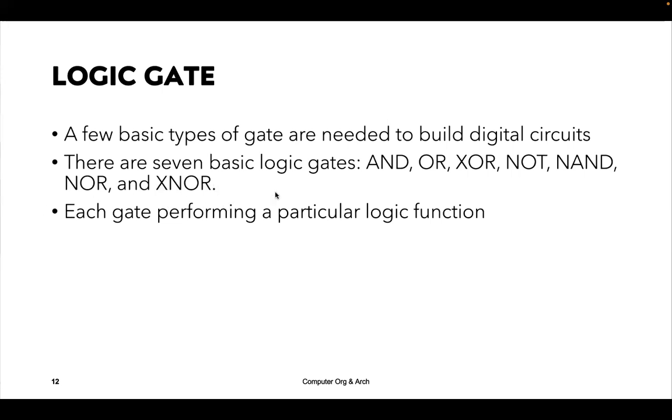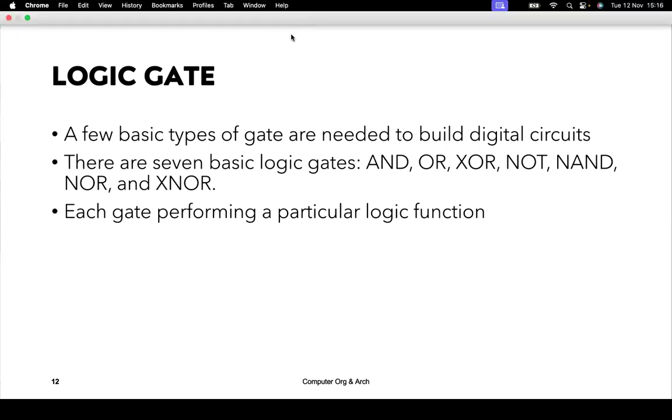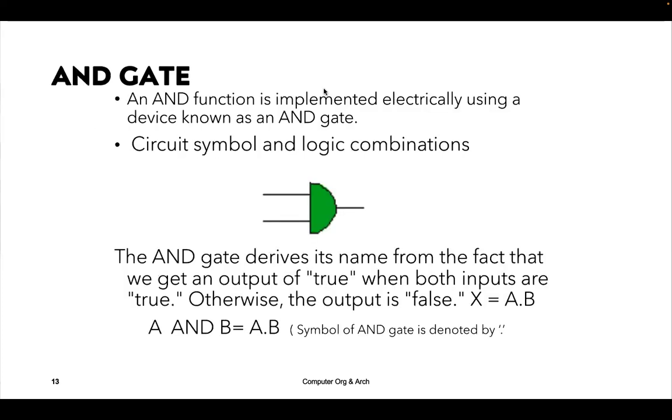Each gate performs a particular logic function. Like I have said, these 7 logic gates, each one has a unique symbol. Let me add something small here so that we get to see these symbols.